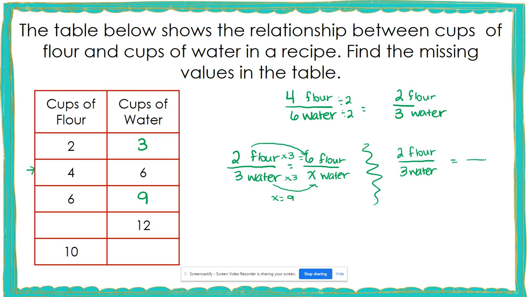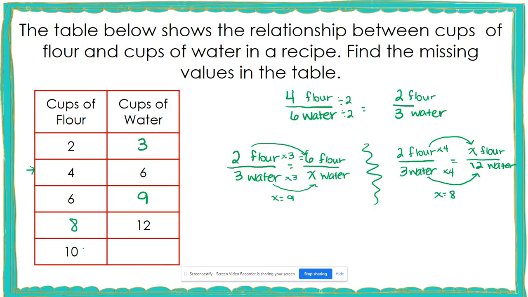So for this one, I don't know how much flour I have, so I'm going to use x in my numerator to represent the number of cups of flour, but I know that I have 12 cups of water. Now, to get from 3 to 12, I would multiply by 4 because 3 times 4 gives me 12. So to get from 2 to x, I would also multiply by 4. And 2 times 4 gives me 8, so that means that there are 8 cups of flour when I have 12 cups of water.